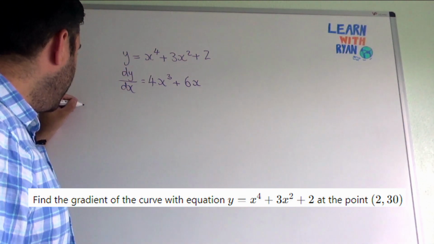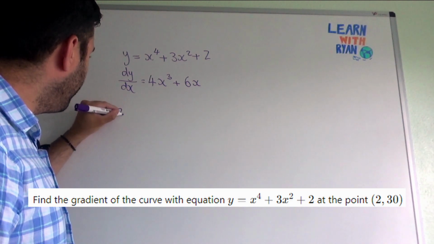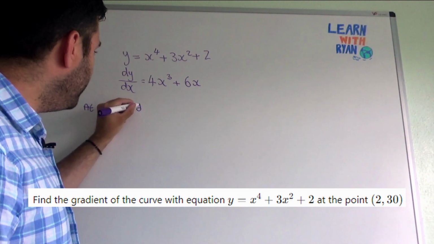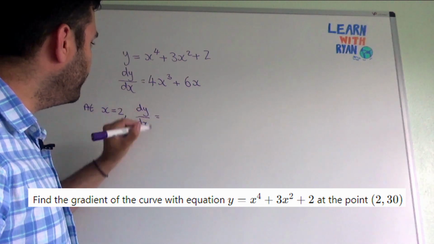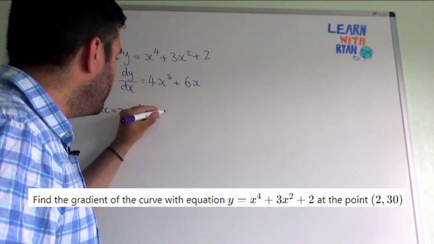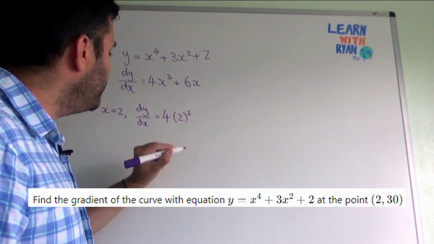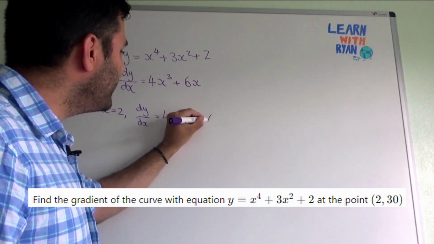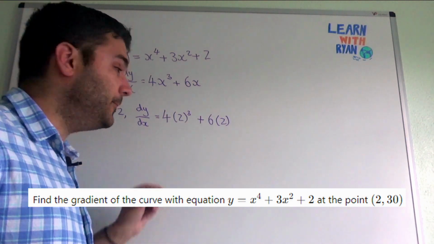So what we can say is at x equals 2, the derivative, so dy by dx, is equal to, and then we just substitute 2 into this. So we've got 4 times 2 cubed plus 6 times 2. And then we just work that out.